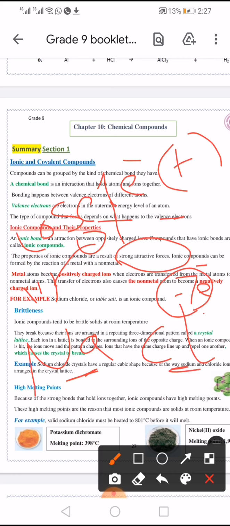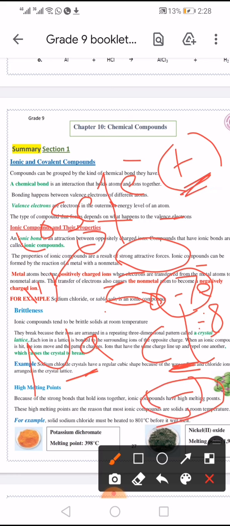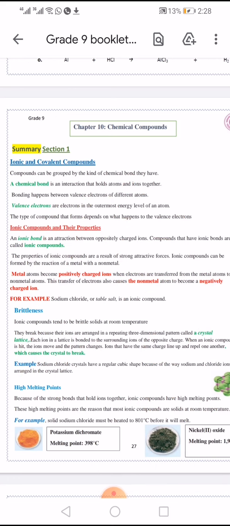So chlorine gains an electron and becomes 8 electrons. So the ion of chlorine becomes negative. The attraction between positive and negative, the bond between positive and negative, is called an ionic bond. This compound is called an ionic compound.